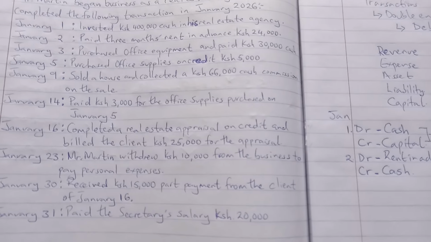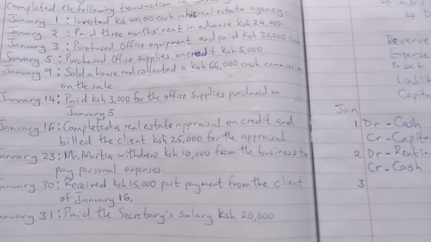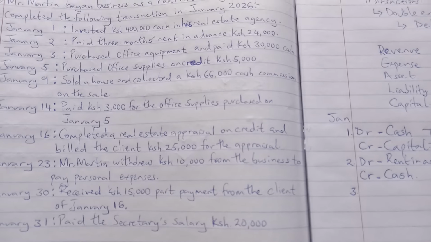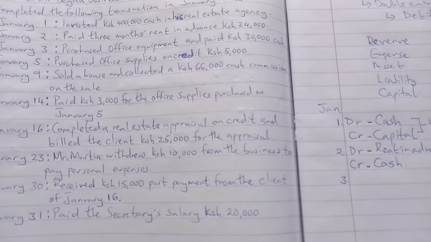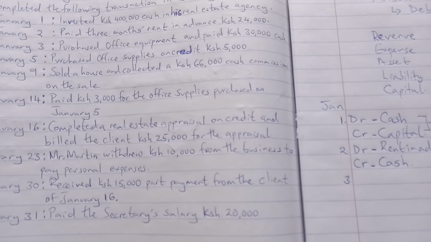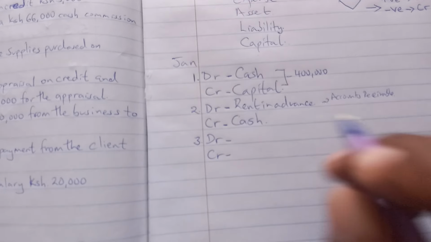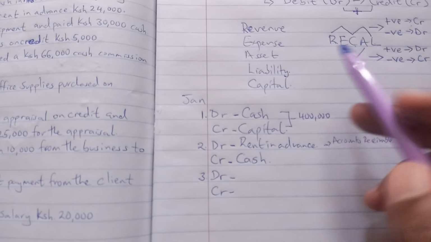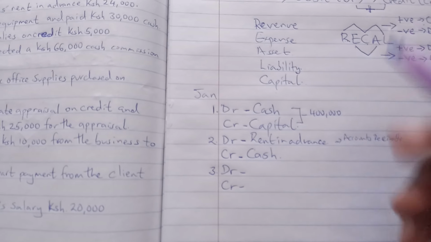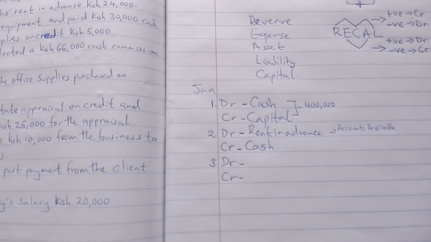So moving forward, January 3rd, purchased office equipment and paid 30,000 cash. So we have two accounts. We have office equipment and we also have cash. So office equipment was acquired. Office equipment is an asset and also cash is an asset. But now one is increasing, the other one is decreasing. So a question, which asset is increasing?